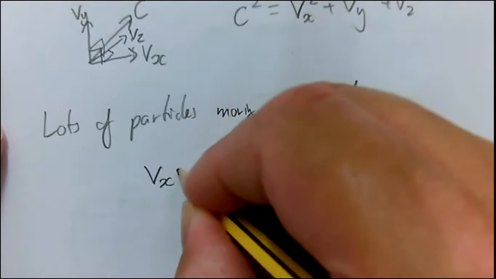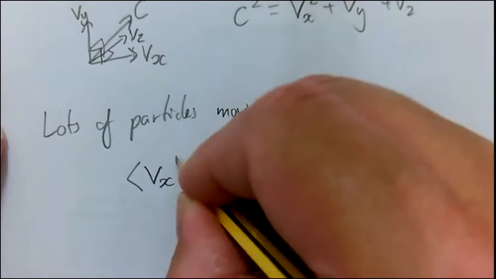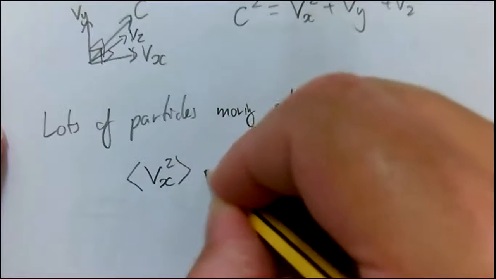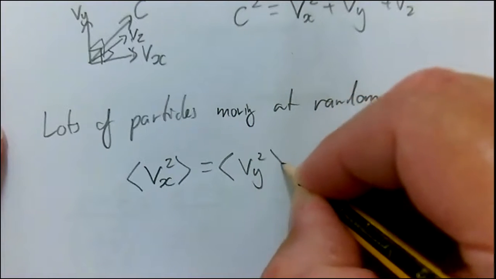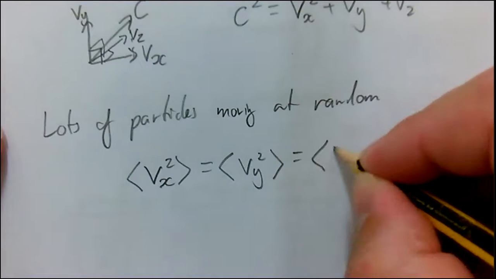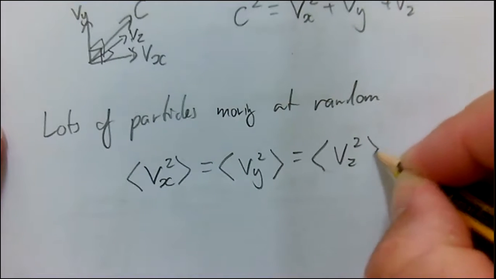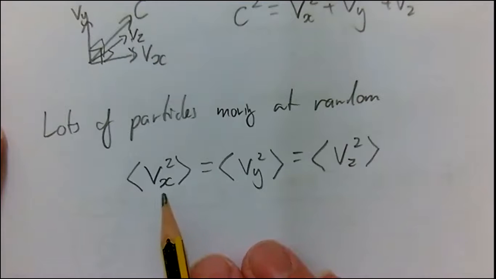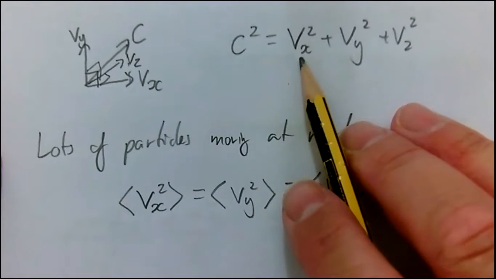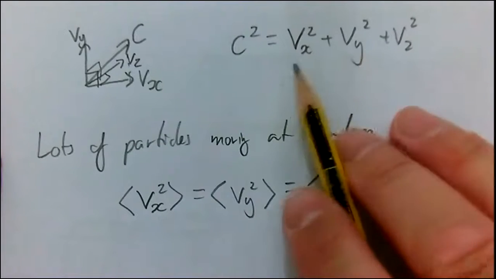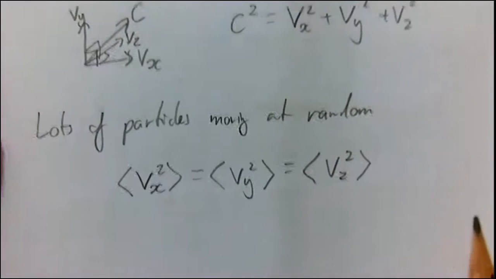So the average value of Vx squared is the same as the average value of Vy squared and the same as the average value of Vz squared. Because the particles are moving at random, the component of mean square speed in any given direction will be the same.